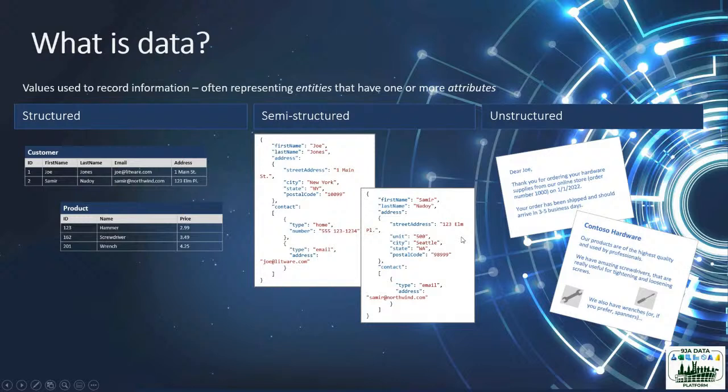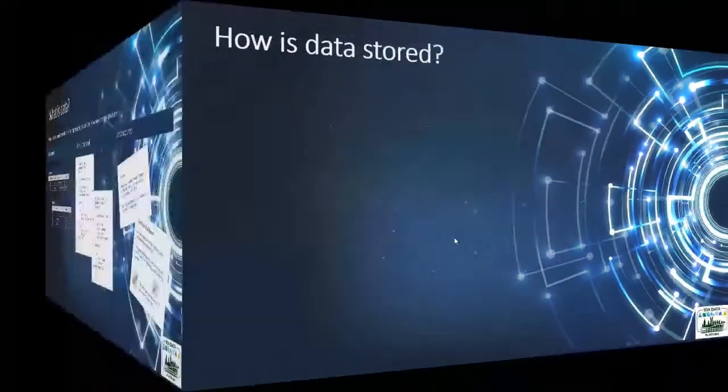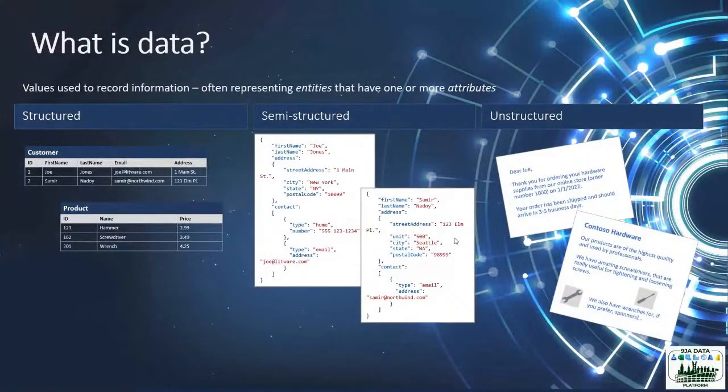Then the last one is unstructured data. Not all data is structured or even semi-structured. For instance, a document file, an image, audio and video data, and also binary data files are not of a specific structure, so they are unstructured data.